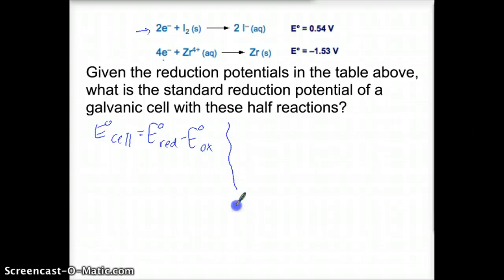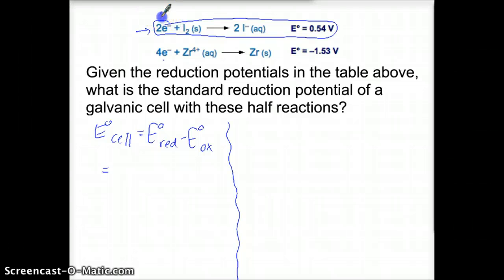So let's just do one of them first. Okay? So let's say that the iodine is getting reduced. We'll call this our reduction first. Okay? So the voltage of this cell is 0.54. So E naught of the whole thing will be 0.54 minus what's getting oxidized, which is the other half reaction. Now, here's where the trickiness comes in. One thing to watch out for.